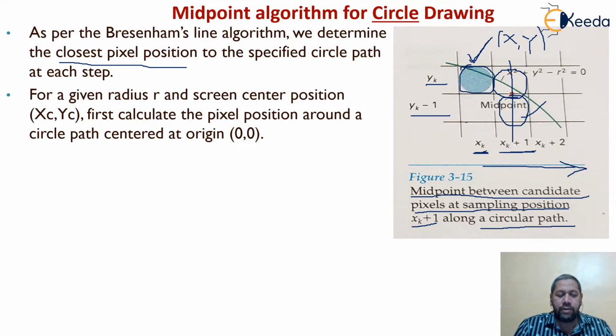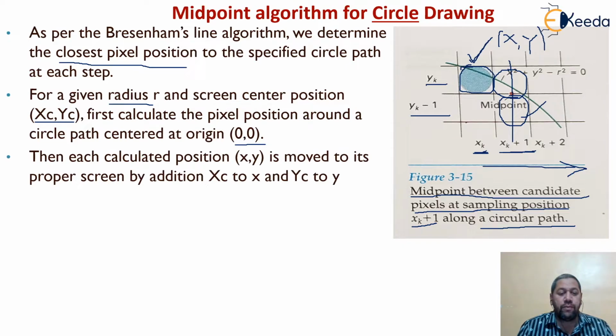I want everyone to look at the description. For a given radius r and screen center position xc comma yc, first we calculate the pixel positions around a circle path centered at the origin 0, 0. So we calculate the first pixel through 0, 0.